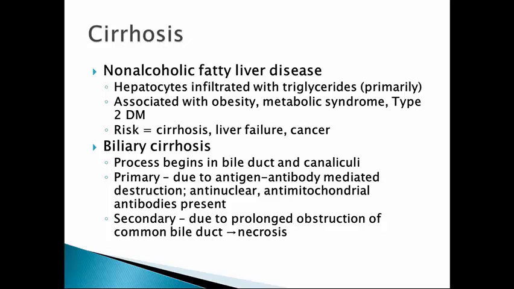The most common etiology is autoimmune, and that makes sense. It's more likely to occur in women than in men. What we see in these patients is the presence of IgM, as well as anti-nuclear and anti-mitochondrial antibodies.